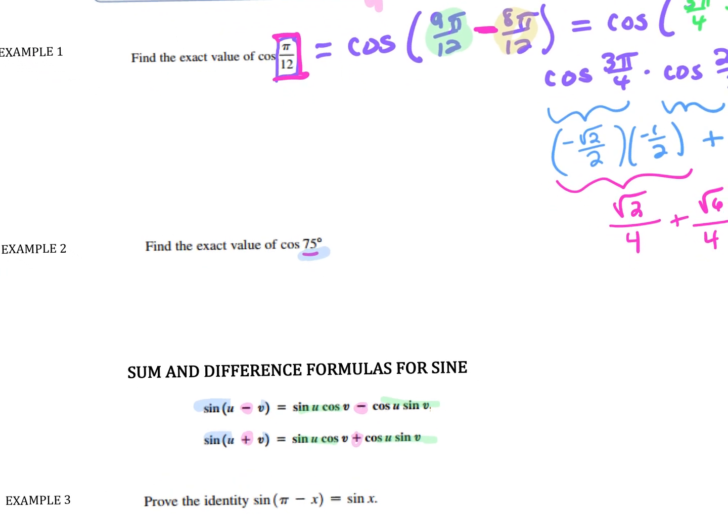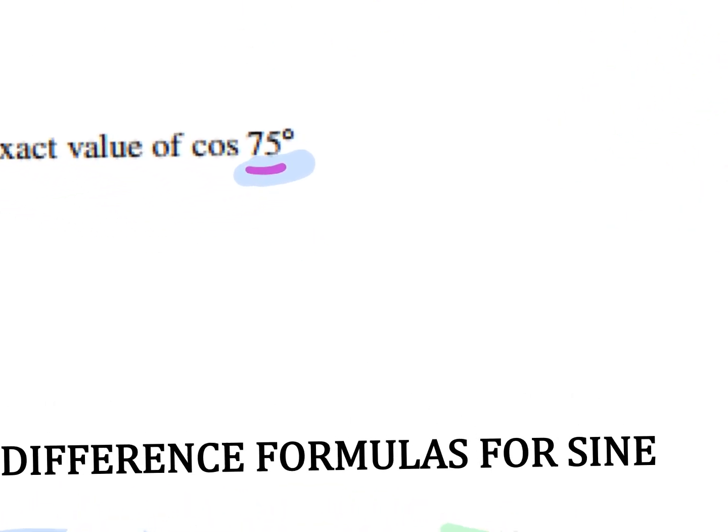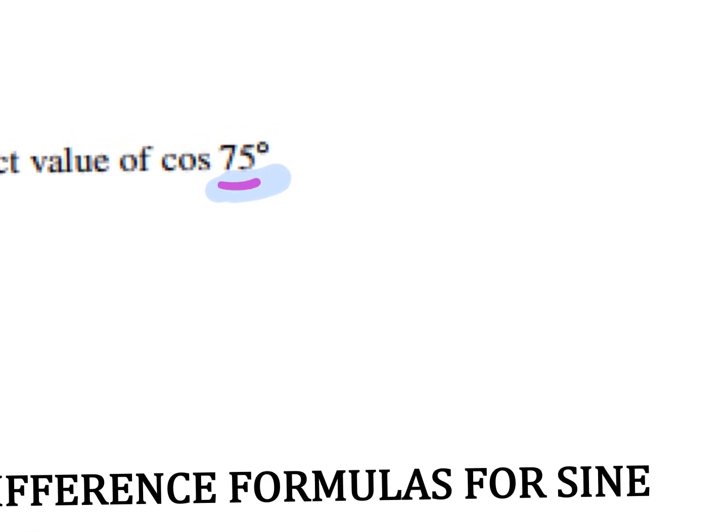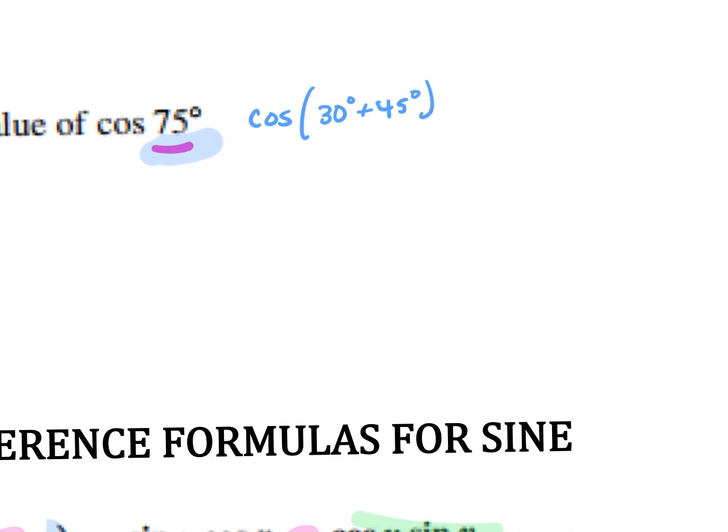The nice thing is this is in degrees, notice, not in radians. Sometimes they'll be in degrees, sometimes they'll be in radians. So for cosine, there you go. If we use cosine of 30 degrees plus 45 degrees, that gives us the cosine of 75.